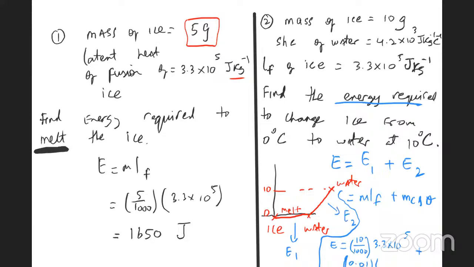C is 4.2 by 10 to the 3. And what's the temperature change that the water underwent? Grace, look at the first temperature of water and look at the final temperature of water. 10 degrees, right?